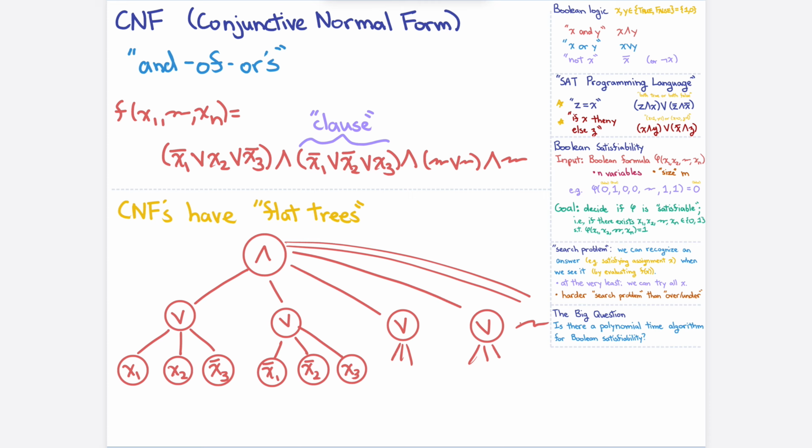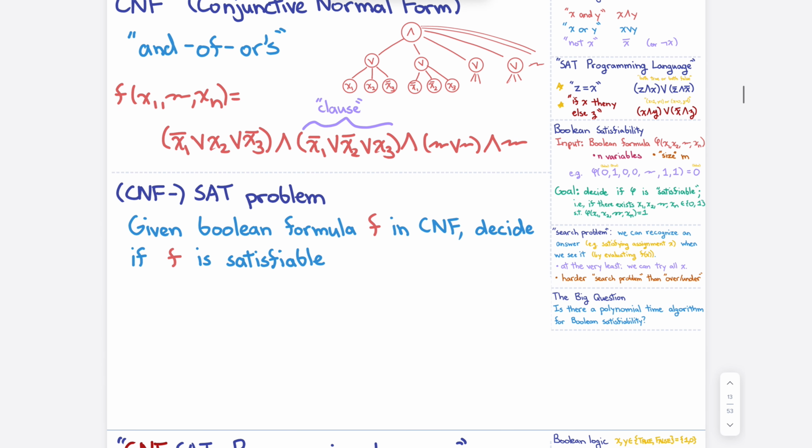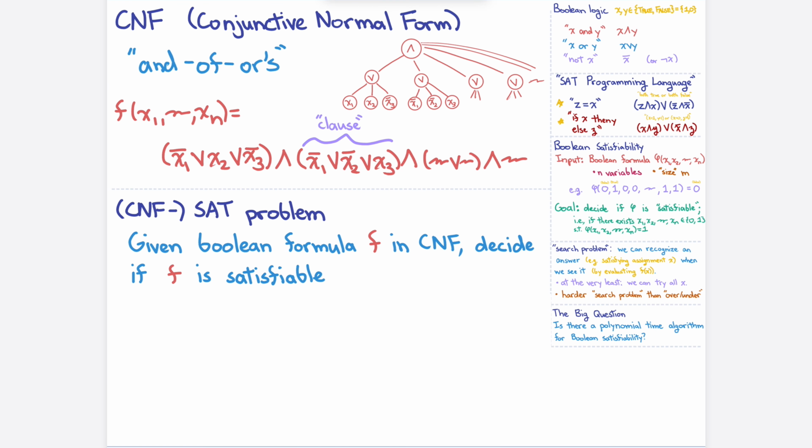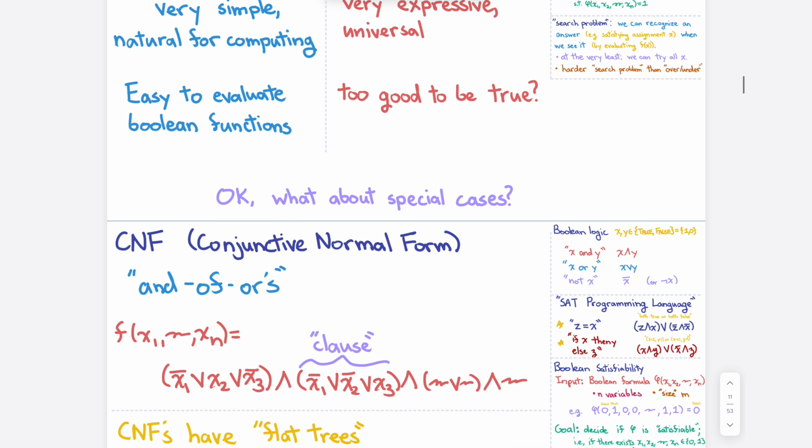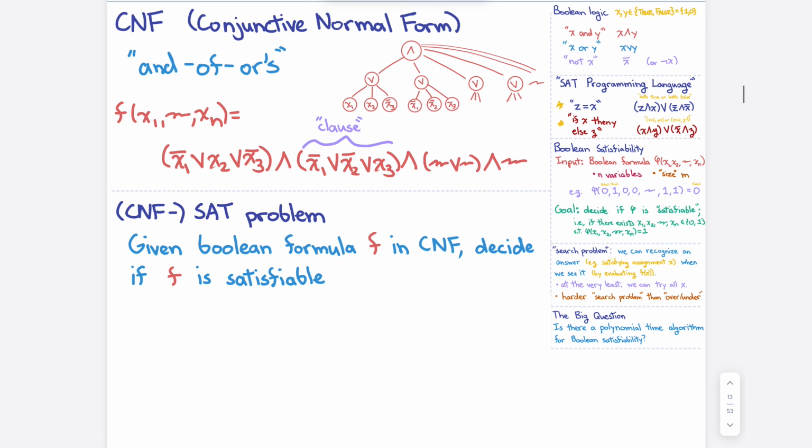So the natural question we can ask is the same question for CNF-SAT. If I told you that the formula was of this particularly nice and clean type, that if you expressed it as a tree, it would always be very shallow, can we at least solve these simpler classes of formulas?